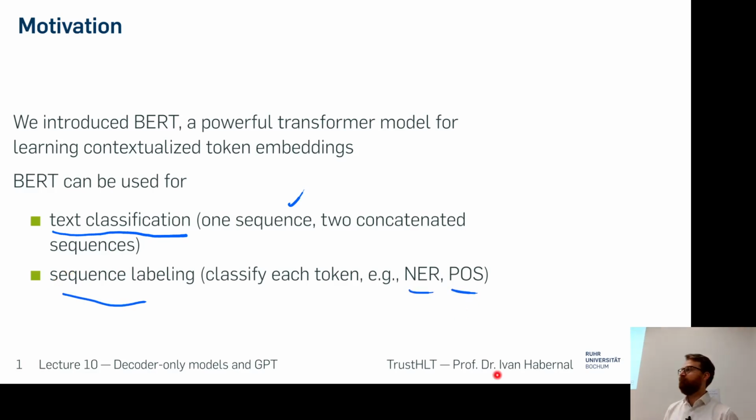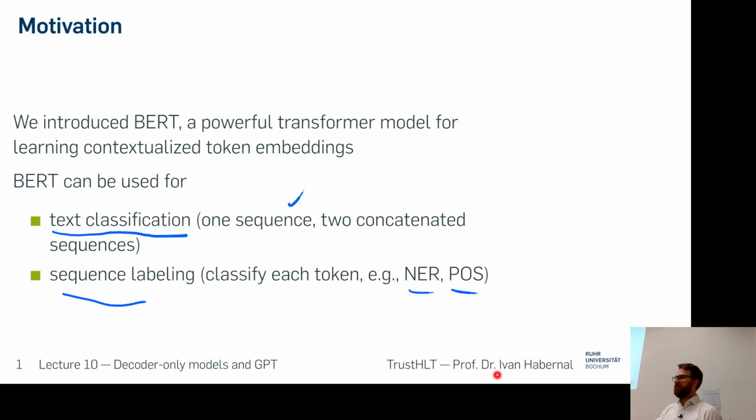So what is NER? Named entity recognition. What is named entity recognition? Yes, exactly. You take each word and say whether it's the beginning of an entity, inside an entity, or not an entity. Entities are persons and stuff like that. POS, what is POS?